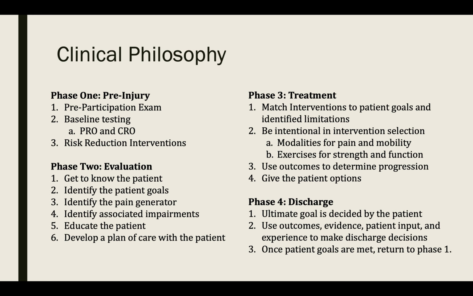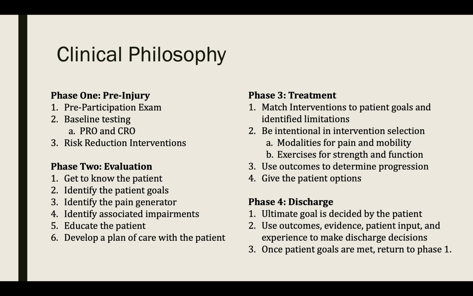Phase two is after a patient receives an injury or comes in with some type of complaint, something that they're wanting help with. And this is really broken up into two major goals. It's understanding who the patient is, and then understanding what impairments, what's causing their pain, what kind of issues are going on with the patient.